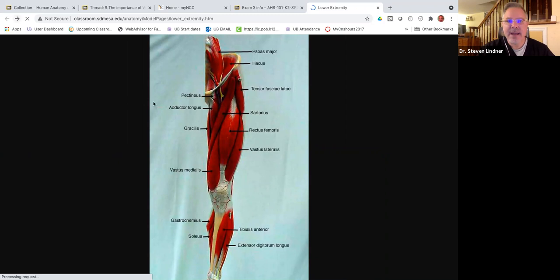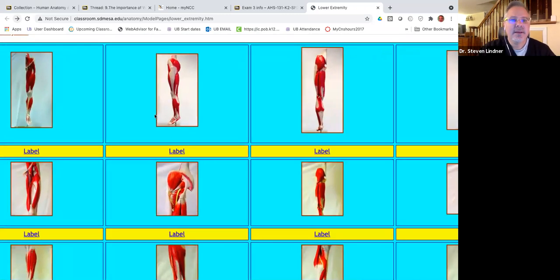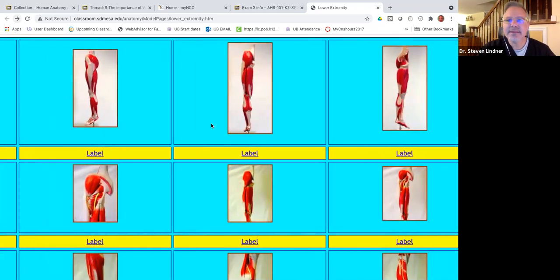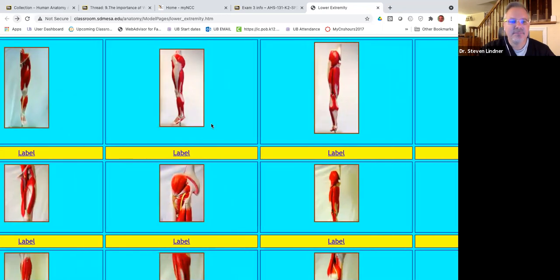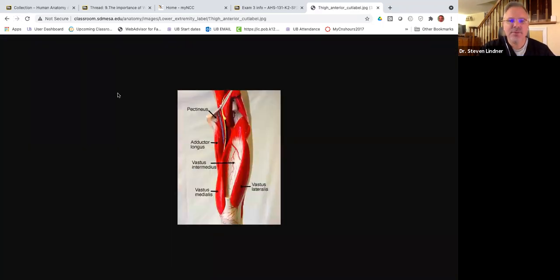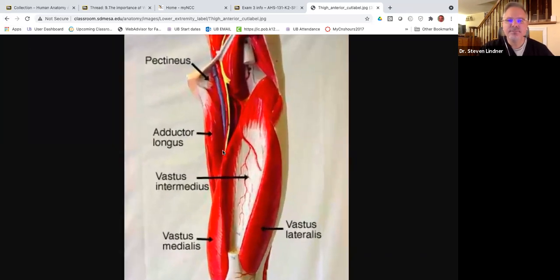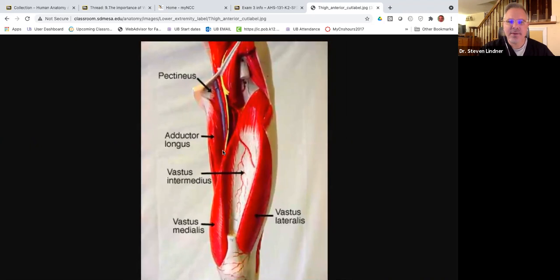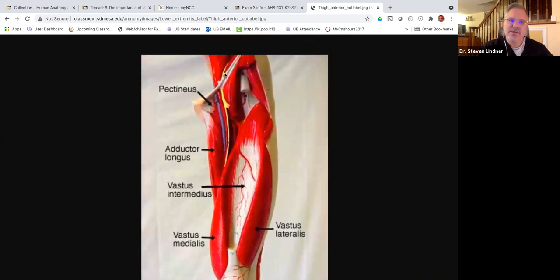Okay, let's go back to the main view, and since we looked at the anterior thigh, let me zoom in and show you. Here we go. Okay, let's get our orientation back. This structure right here was the inguinal ligament.